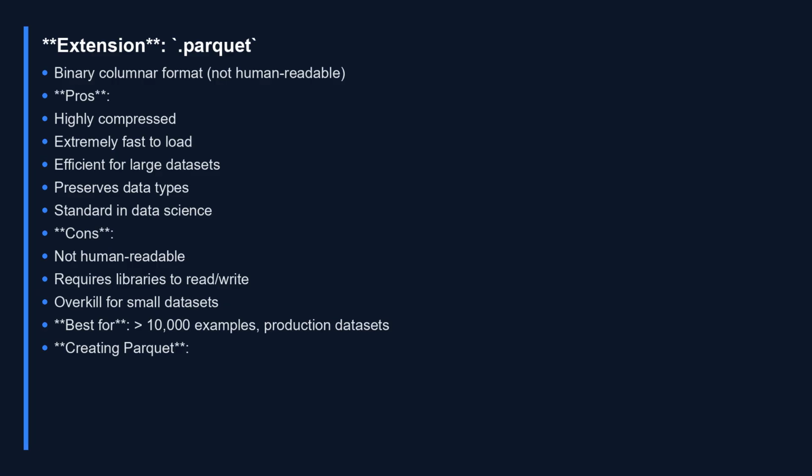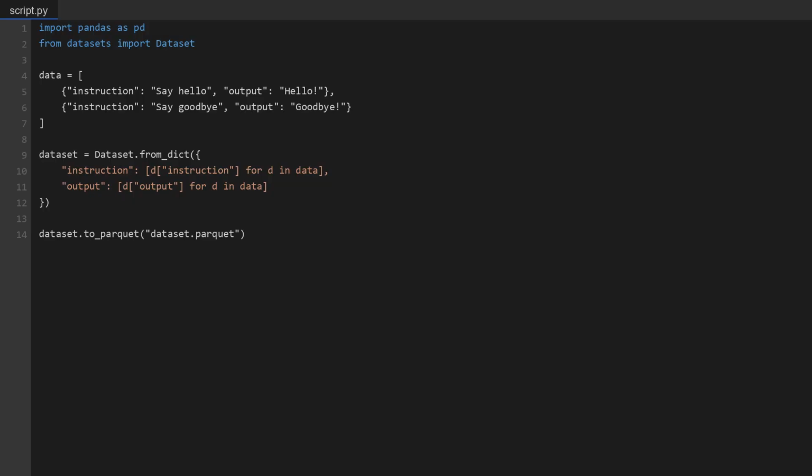Here's how to create a Parquet file from your training data. This code uses Pandas and the Hugging Face datasets library together. You define your examples as a list of dictionaries, then construct a dataset object by passing the field lists explicitly. The final call, dataset.to_parquet, dataset.parquet, writes the binary file to disk.